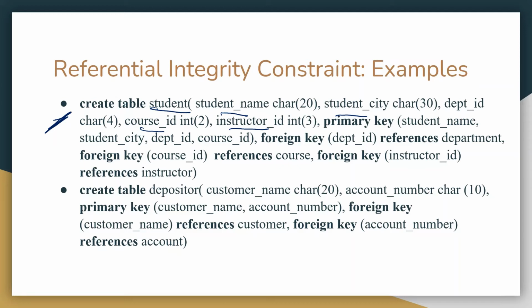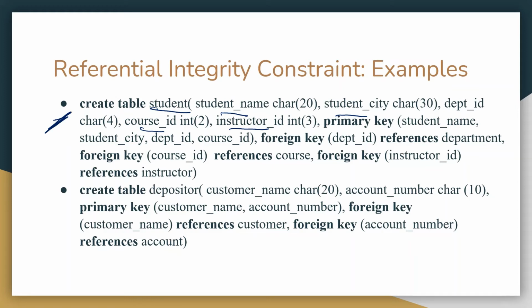Department ID, okay, again there can be two students from the same city in the same department, right? But if they are taking the same course ID, it is very unlikely. And if they are being taught by the same instructor, it is also very unlikely.